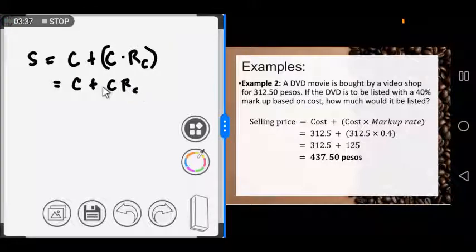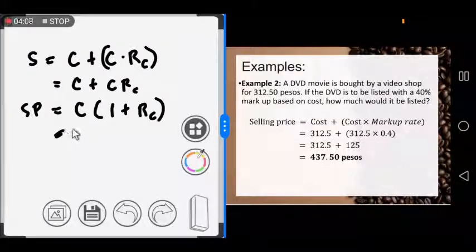Factoring out the C from the two, we have cost times (1 plus R). So, if we have, like in this problem, 40%, then 1 plus 0.4. This means we can shorten the process of finding the selling price by multiplying our cost with 140%.